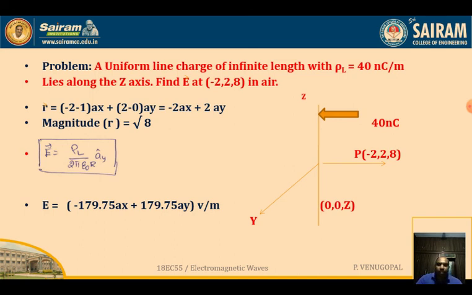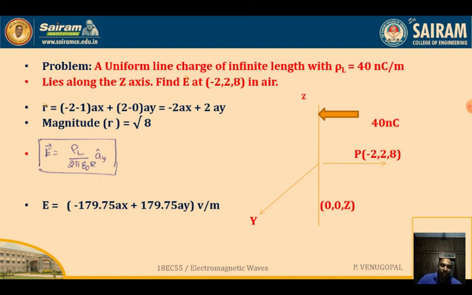You are observing the line charge lying along the z axis, shown in the figure along with the x, y and z axes. Locate the point P, (minus 2, 2, 8), at which the electric field intensity is determined, and rho L is 40 nanocoulombs.